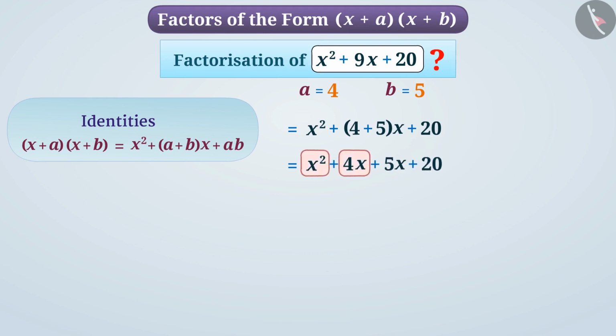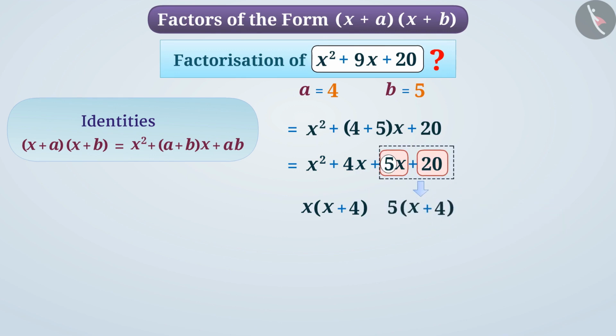The first two terms have x as their common factor, so we can take x outside the brackets and represent this group as x(x + 4). Similarly, 5 is the common factor between the third and fourth terms, so we can also take it outside the bracket and write this group as 5(x + 4).